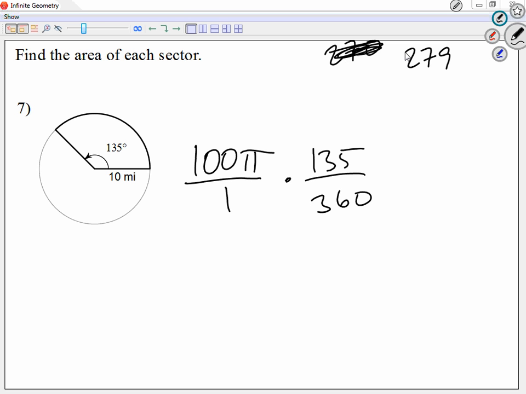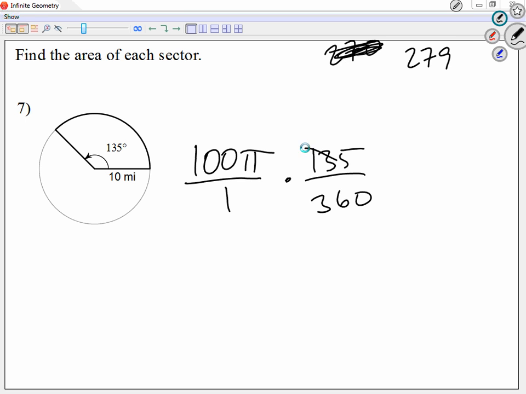If you add 2 plus 7 plus 9, you get 18. 18 is divisible by 9, so 279 is divisible by 9. You guys see how here at 135, add the digits, 9. So 9 is divisible by 9, so 135 is divisible by 9. And so is 360.